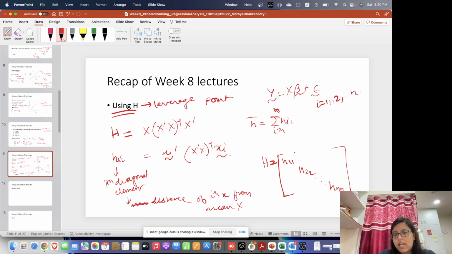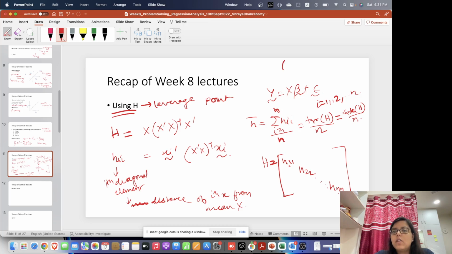So summation of h_ii, that is the sum of the diagonal elements, and the average. The numerator part is nothing but the trace of the H matrix, divided by n. Since H is a full rank matrix, trace of H is the rank of H, divided by n, and rank of H is nothing but the total number of parameters that we are taking.